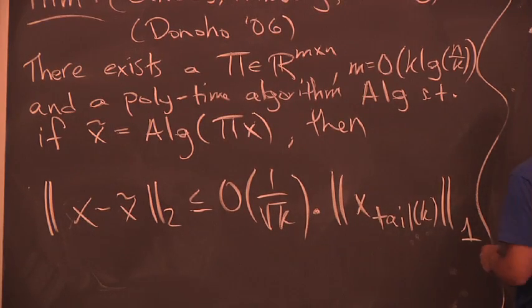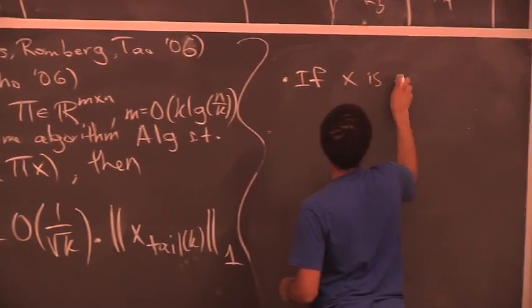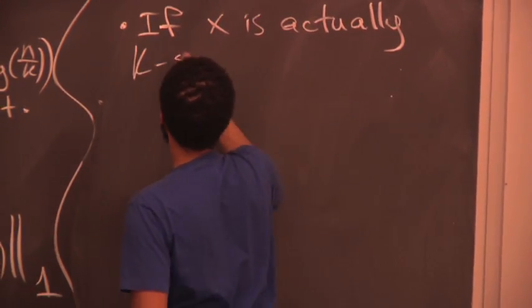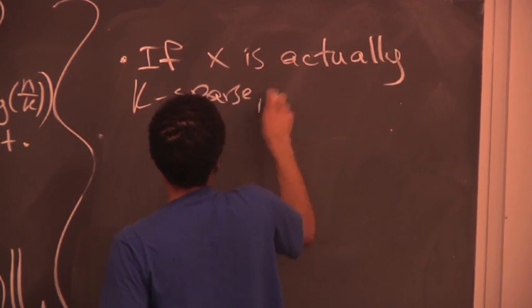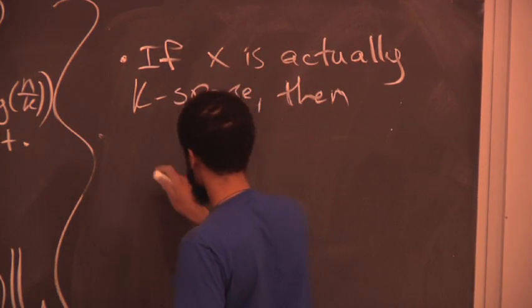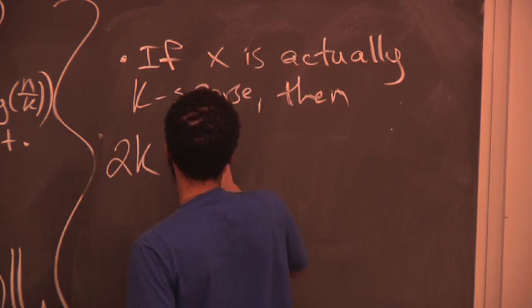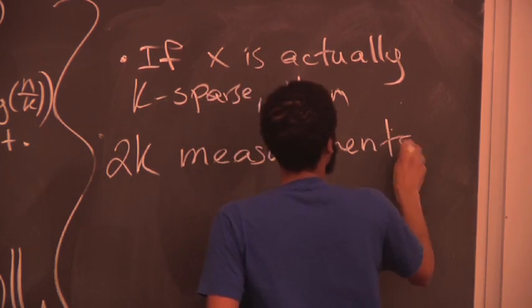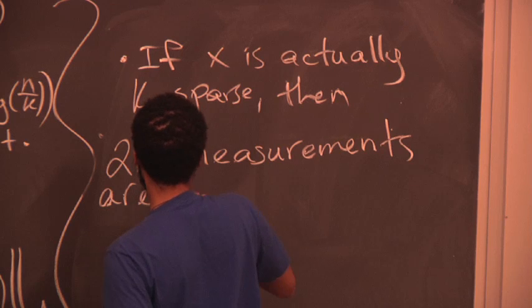By the way, if x is actually k sparse, then 2k measurements are necessary and sufficient.